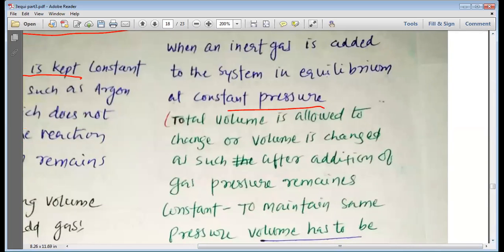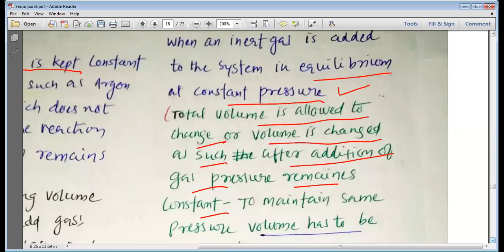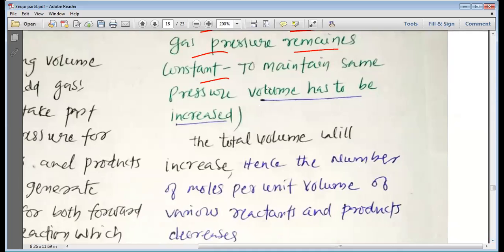So when an inert gas is added to the system in equilibrium at constant pressure, the total volume is allowed to change. As such, after addition of gas, pressure remains constant. To maintain the same pressure, my dear students, volume has to be increased.